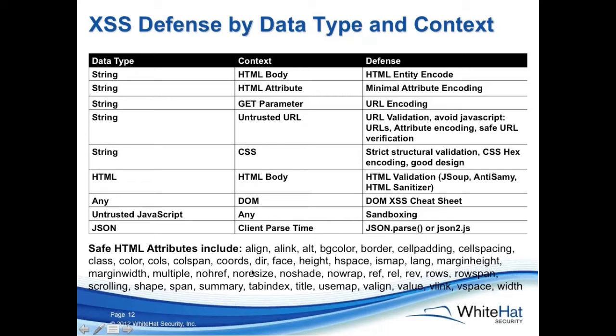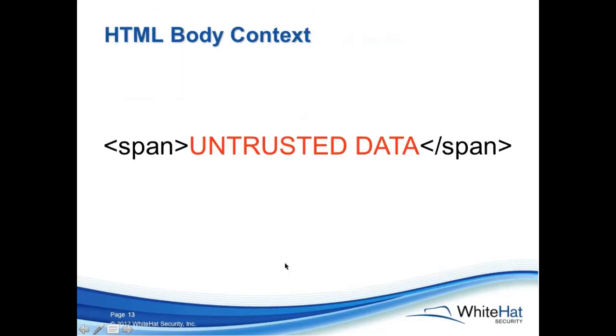We also want to only put untrusted data in these safe attributes. There are 3 different basic kinds of attributes. There's the standard safe attribute list, which we see below. There's also a URL-based attribute, which is a special case. And this is the totality of what we need to stop cross-site scripting. And let me just walk through these different contexts.